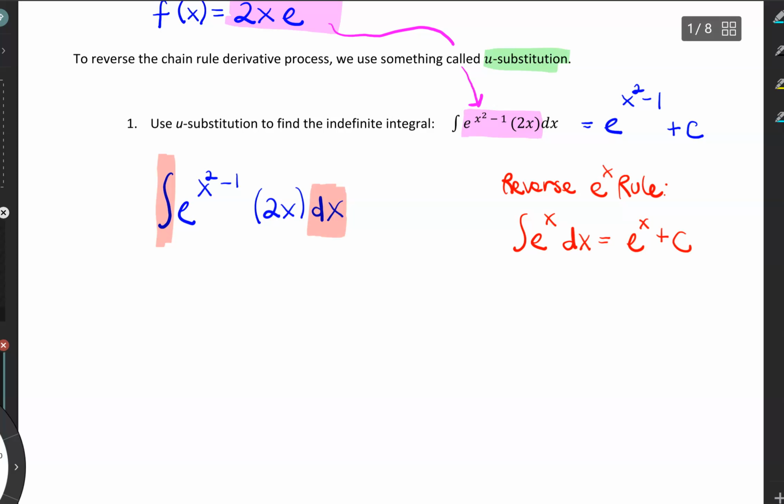Okay, now here's the problem. I can only use this generic rule if my exponent is a plain variable. So I need the exponent to be a plain variable. And right now I have e as my base, but my exponent is not a plain variable.